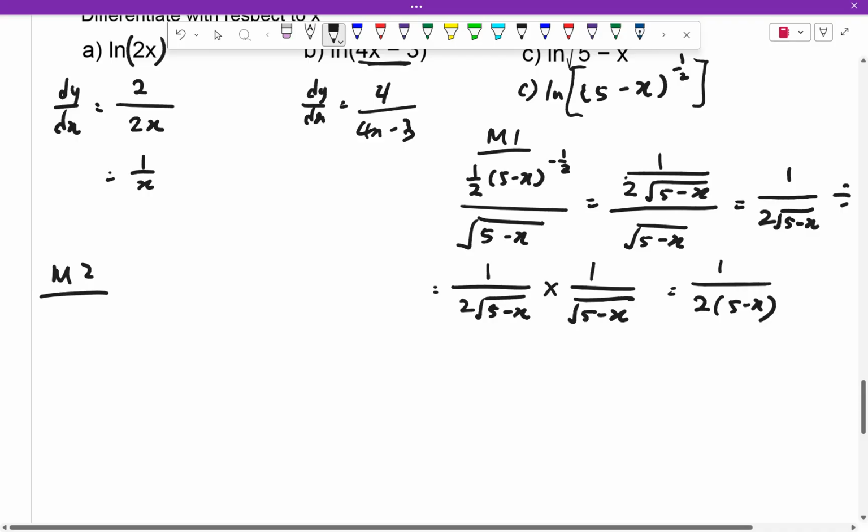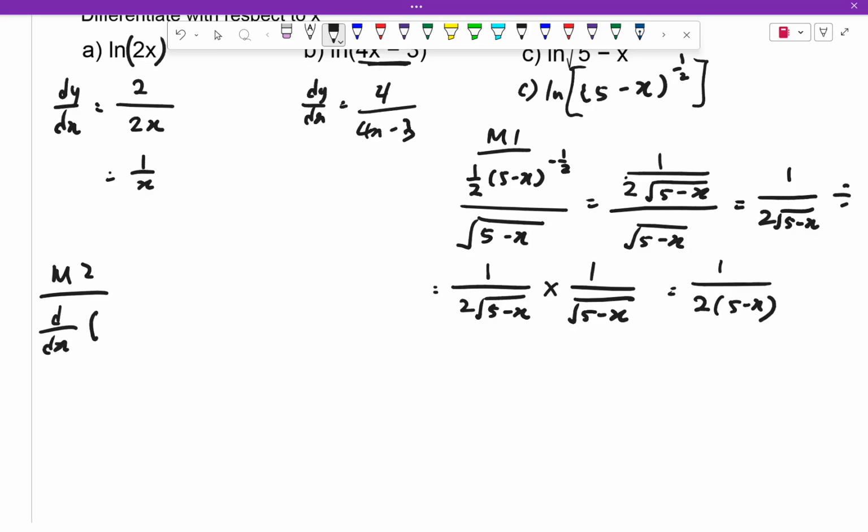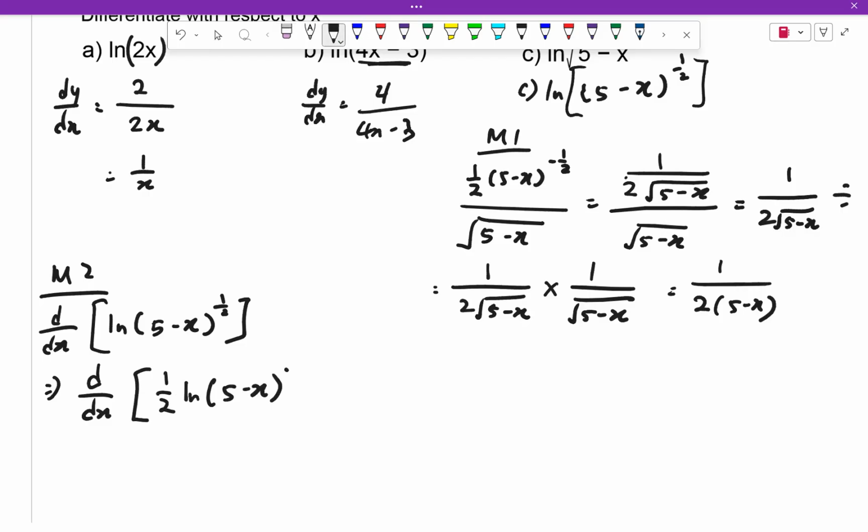So method 2, here we first find our d over dx of the ln. Sorry, I put a square bracket so we can differentiate. Okay, so let's use the power rule. For differentiating, the power rule for ln. So it becomes d over dx of 1 over 2 ln, which is us going back to our logarithm practice.